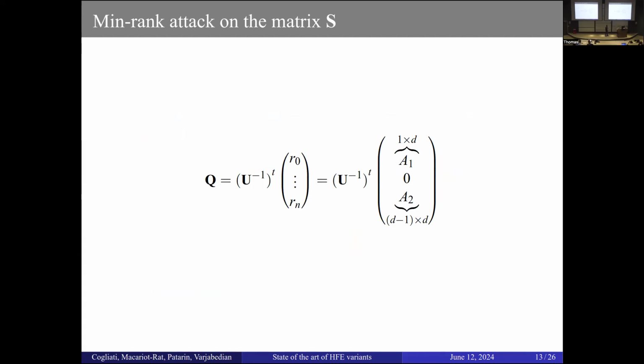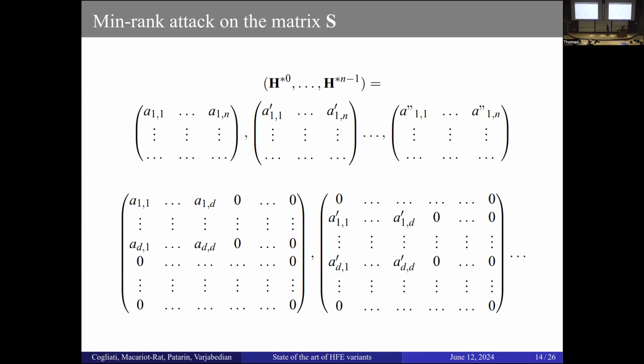Because of the structure of the Frobenius morphism, you have now a new matrix that will have this type of form. So we understand that this matrix only has a rank d again. Why is that? Because when you take the first row each time, it will do something like that.